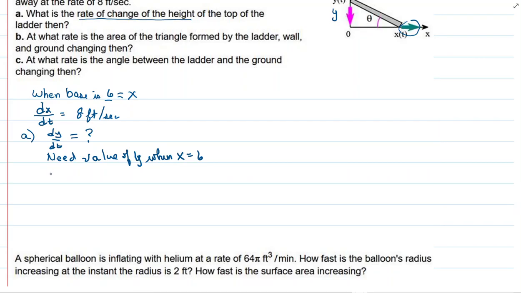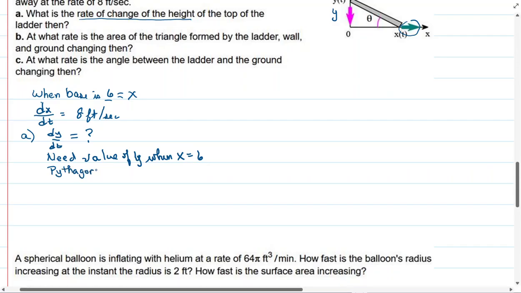So I'm going to have x squared plus y squared equals c squared, Pythagorean theorem. So that's going to give me 6 squared plus y squared has to equal 10 squared because we know the ladder cannot change.